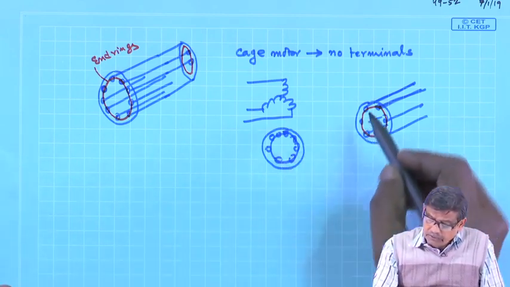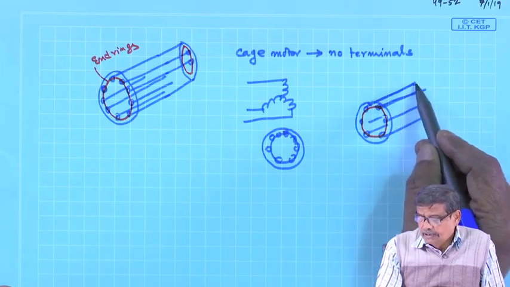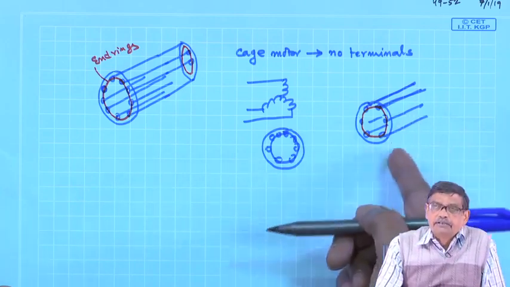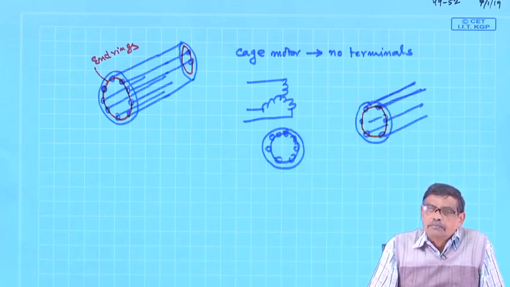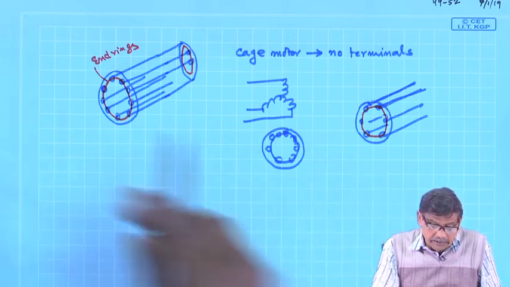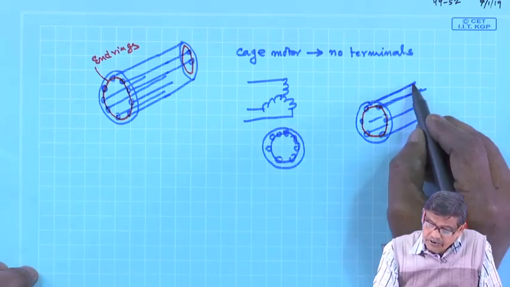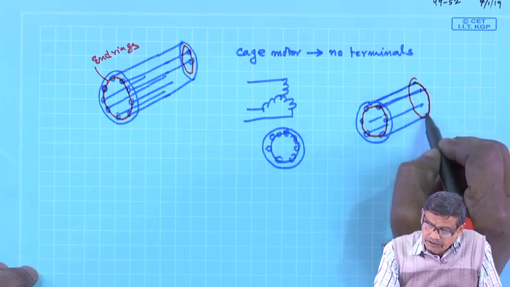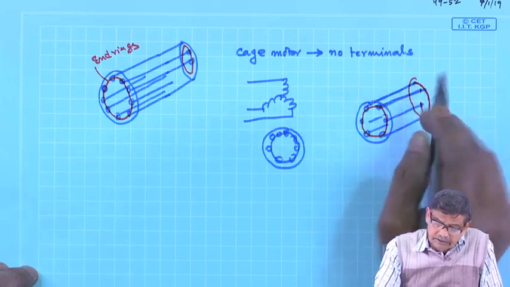So, I told you last time, very quickly I am telling, that these bars can be shown to have a balanced polyphase winding, and now you imagine the other end ring is also put, so that all terminals are shorted here.